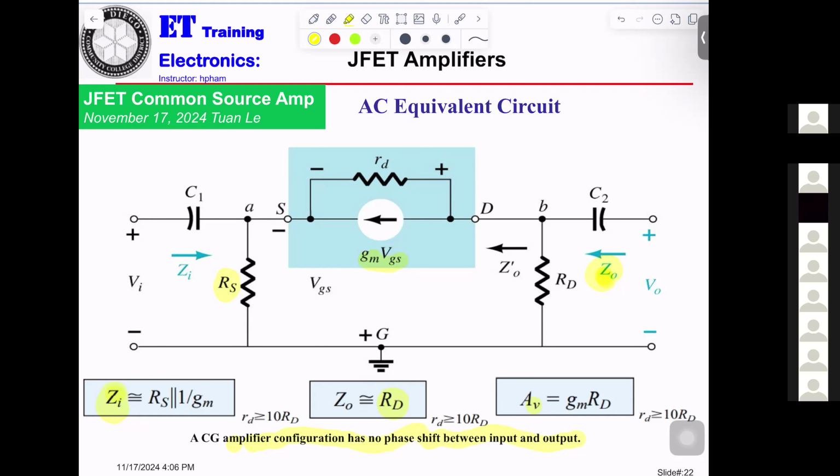Common collector or common base, input and output are in the same phase. And now in the FET amplifier, you get the same. Common source, input and output out of phase. Common gate in phase. Common drain in phase.